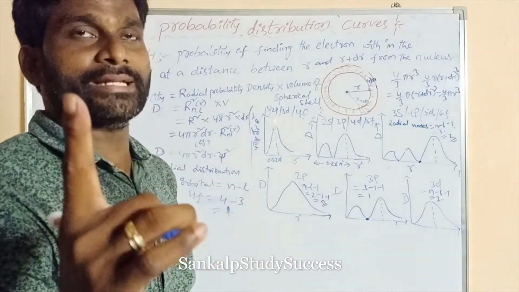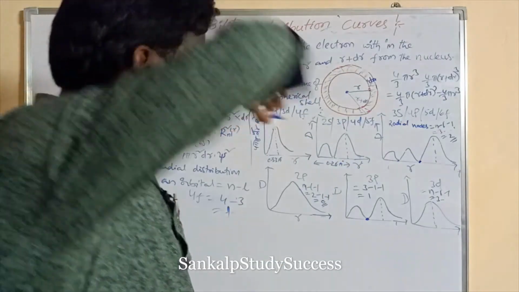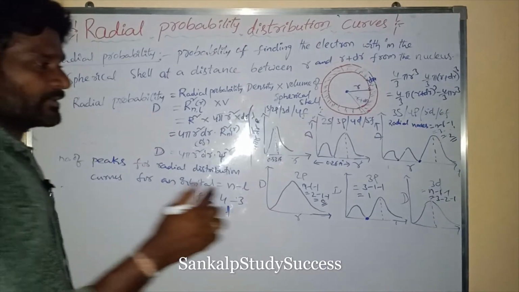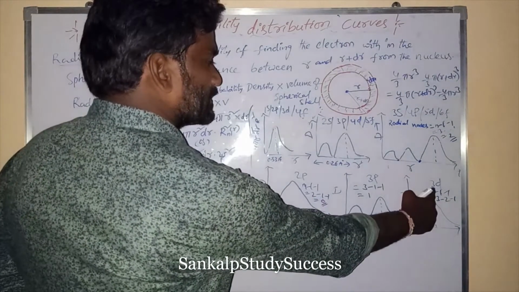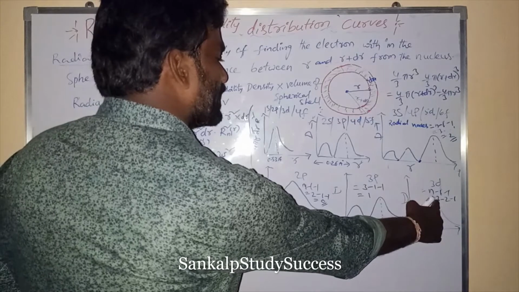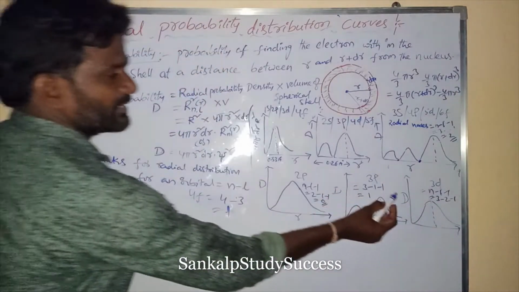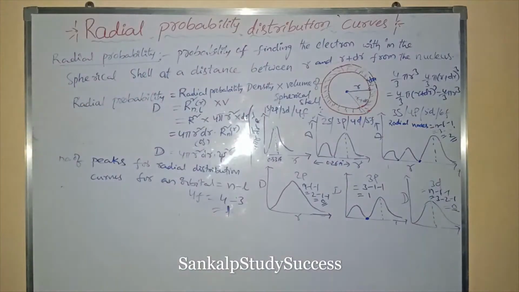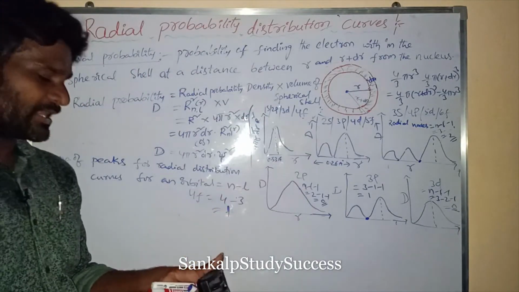If l is equal to 1, that is the p orbital. If l is equal to 2, that is the d orbital. 3 minus 2 minus 1 means 0. So for the 3d orbital, the number of radial nodes is equal to 0.